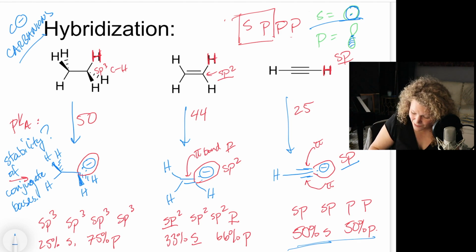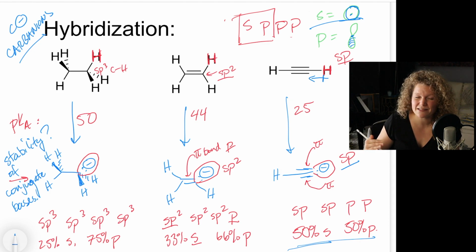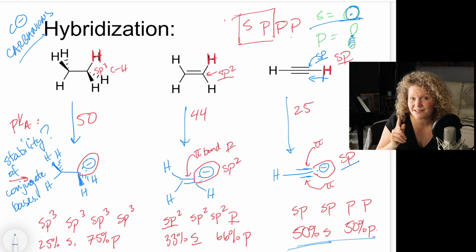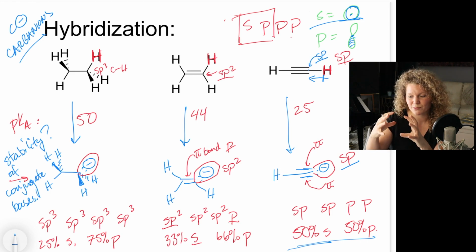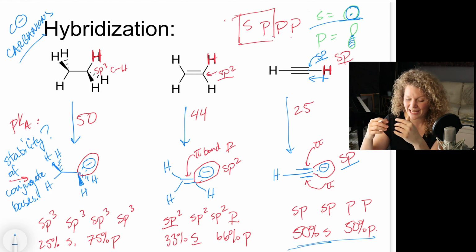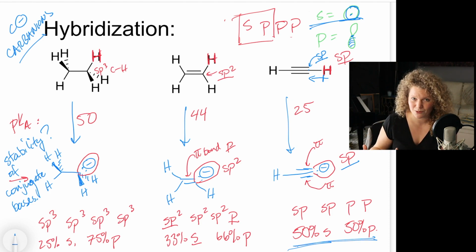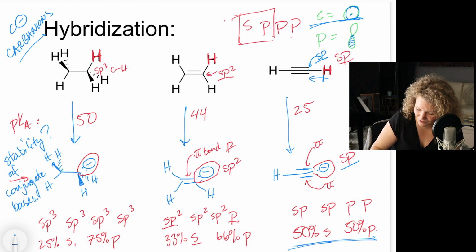So an sp carbon has more of this dipole going towards it because this carbon is sp hybridized, has more s character, and s orbitals we know surround that positive nucleus. So electrons in hybridized orbitals that have more s character, like an sp orbital, are going to be pulled closely to that nucleus. It is more electronegative.